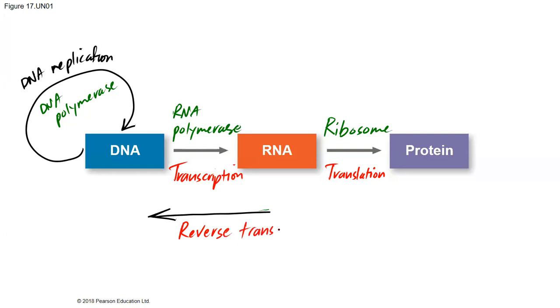So it's the reversal of the more common type of transcription going from DNA to RNA. This is called reverse transcription, and it is carried out by an enzyme called reverse transcriptase enzyme. We will learn about this process and the enzyme in other chapters. Okay.